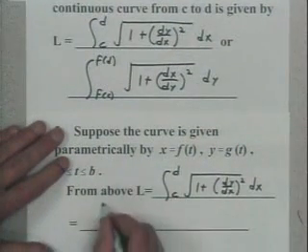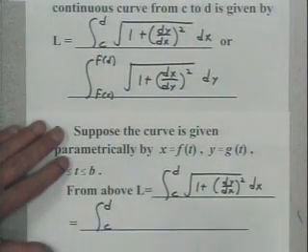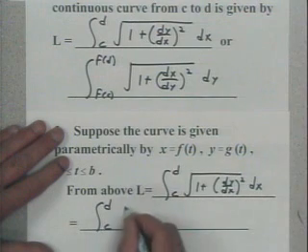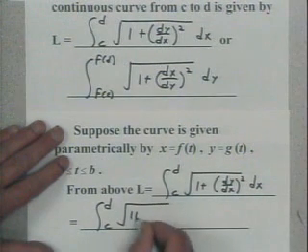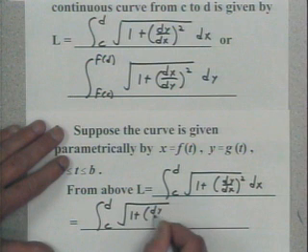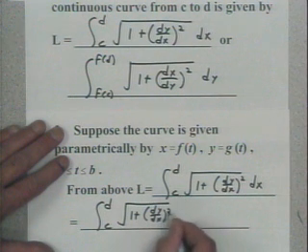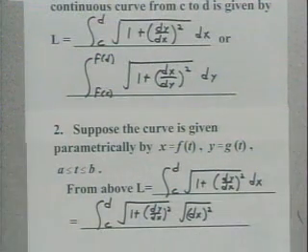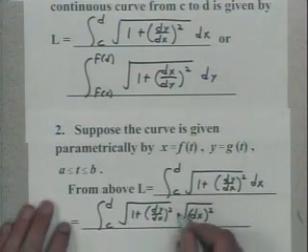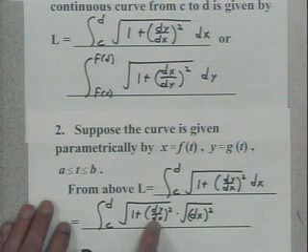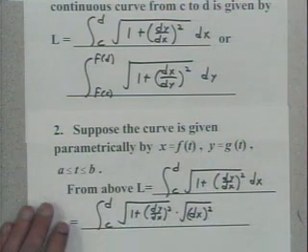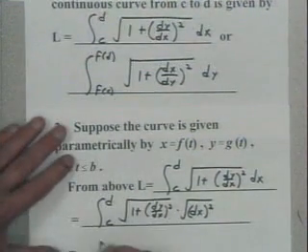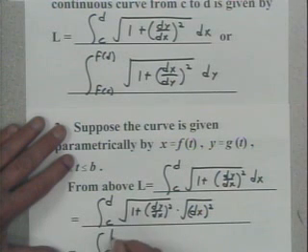The first thing I want to do is change that last dx into the square root of dx squared. Are you okay with that? And why did I do that? Because I wanted to get the dx back into the radical.